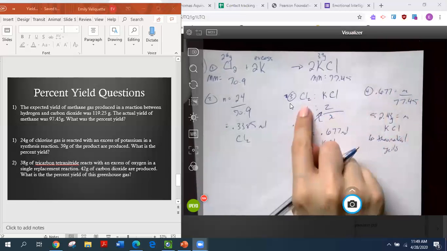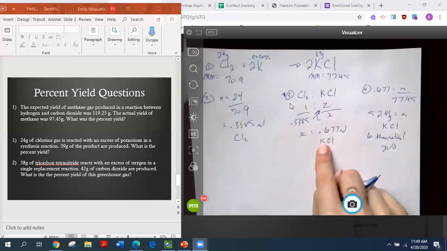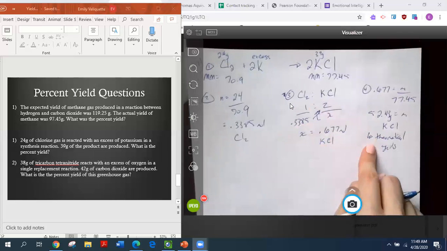Anytime you have to use the mole ratio to find the amount of something, that's always theoretical.